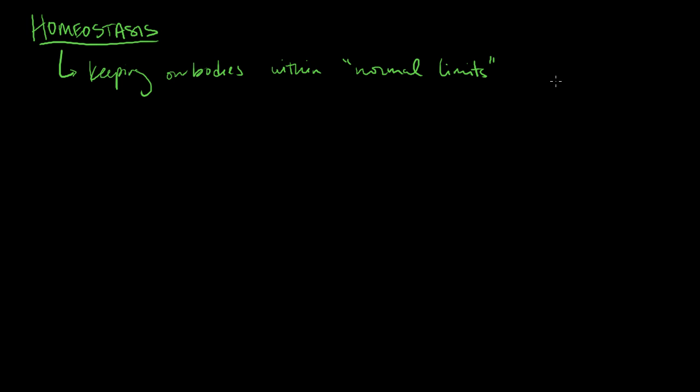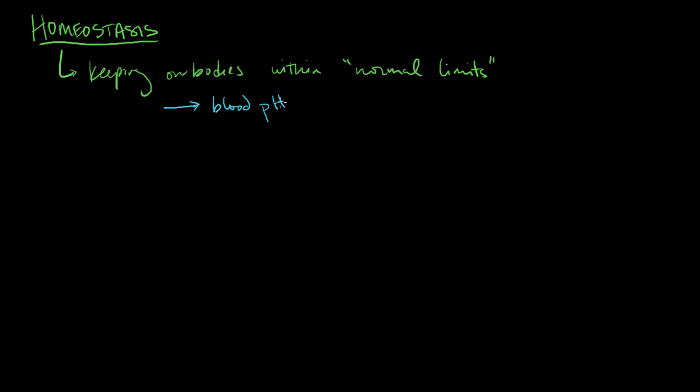So our body operates best within certain limits, and homeostasis is the ways in which we keep those things within normal limits. So just to give you some examples of things that we have to keep within normal limits, and this is a small subset of everything that we have to keep in homeostatic control.